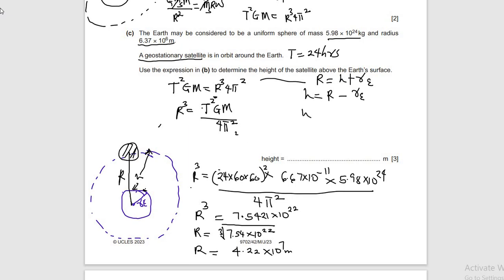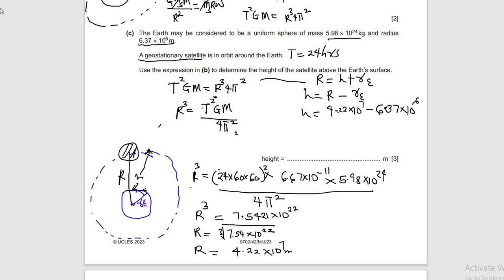So therefore our height will now be, what's the distance between them? 4.22 times 10 to the power 7. The radius of the Earth, we are given in the question, 6.37 times 10 to the power 6.